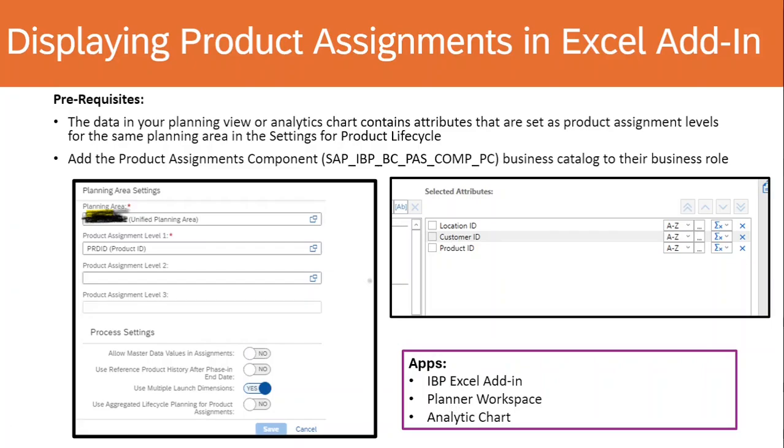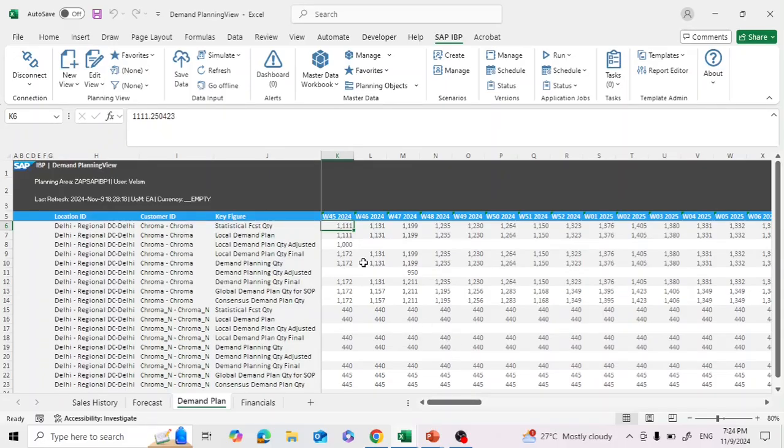Let's see how it would be displayed in the Excel add-in. As you see on the screen, I have two attributes added here: location and customer ID. In my screenshot, my product assignment level is product ID, and there is no product ID added in this planning view. If I right click on any attribute, let's say location ID or customer ID, you usually get options relevant to EPM settings.